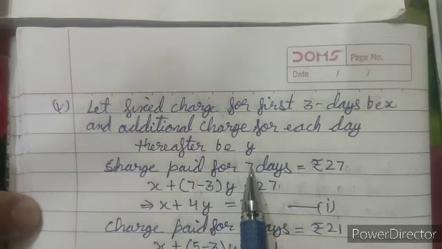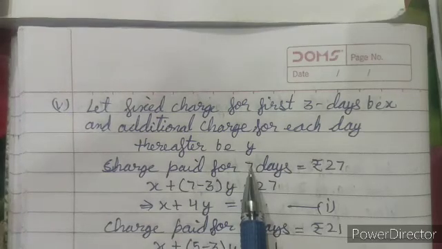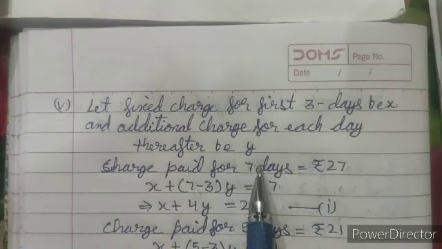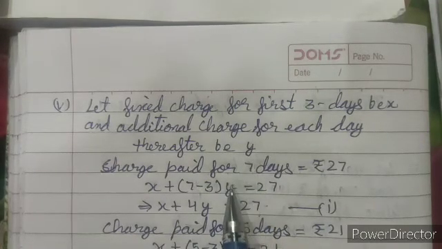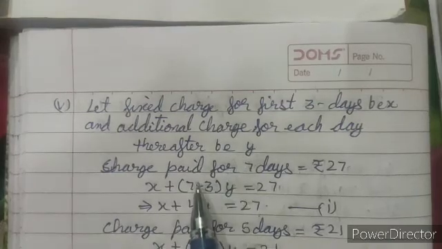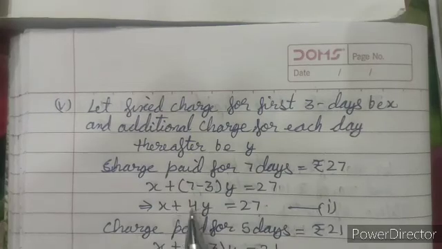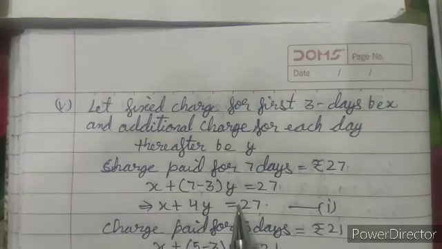So the charge per day will be charged after the 3 days. That means y will be charged for 7 minus 3 days, and that will be 4y. x plus 4y equal to 27.